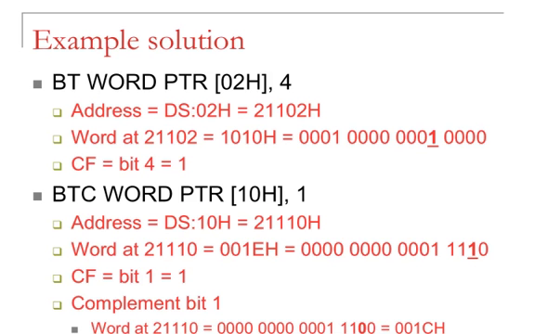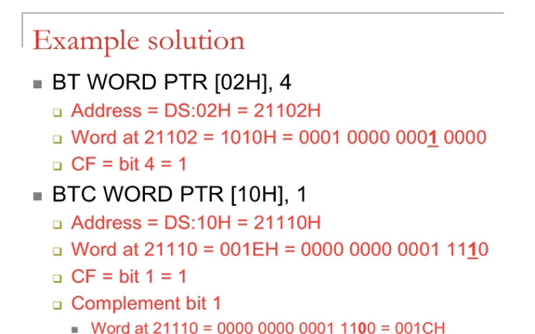Okay, let's look at a solution. First instruction, bit test word pointer bracket 02, comma 4. First thing we need to look into is the address of that memory operand, so that's DS:02.